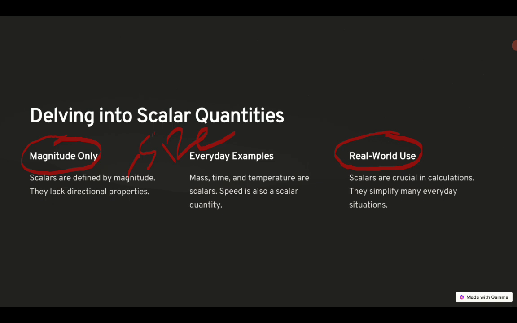Scalars do not have direction. Examples are mass, time, and temperature. Speed is also another example. You can think of other examples such as the volume of water in a measuring cylinder, and many other quantities you can think of in physics are scalar quantities.